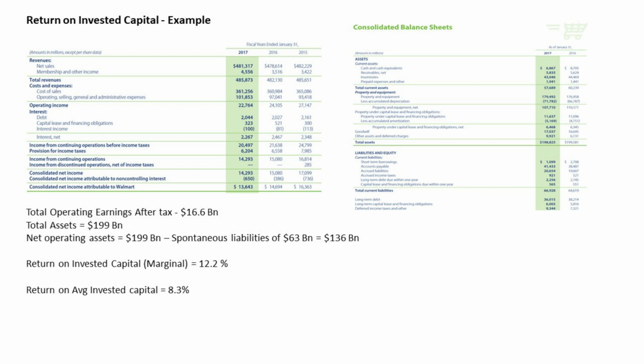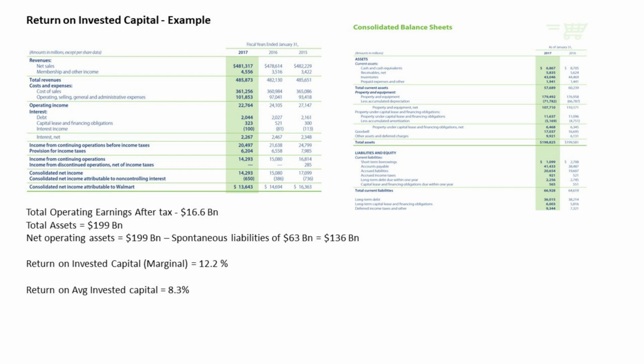And return on invested capital calculated this way, by dividing it over the net operating assets, is called the marginal way, and that fetches us a return on invested capital of 12.2%.